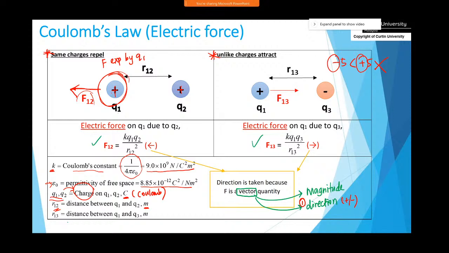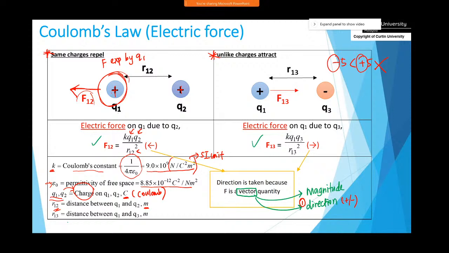You are allowed to directly use the value 9 times 10 to the power of 9. Bear in mind, the unit of your Coulomb constant is in SI unit. Since the Coulomb constant is used in this equation, all the values that you plug in for your Q and your R must be in SI unit also.